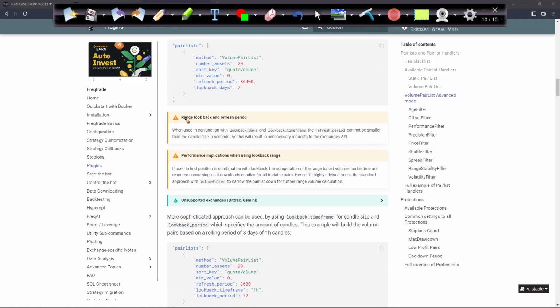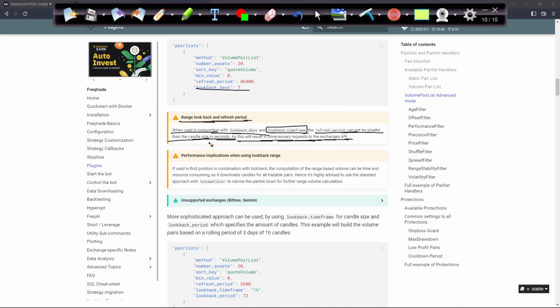Now here we have a note: range, look back and refresh period. When used in conjunction with look back days and look back time frame, the refresh period cannot be smaller than the candle size in seconds, as this will result in unnecessary requests to the exchange's API.